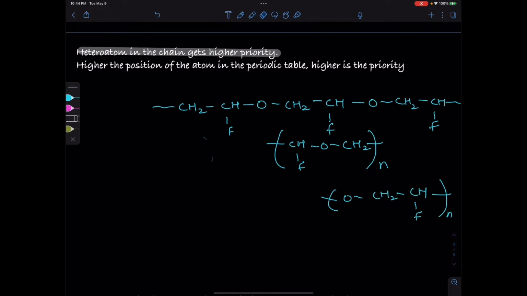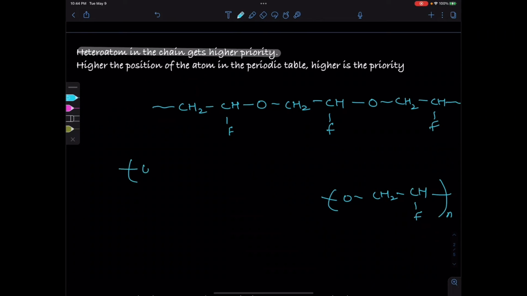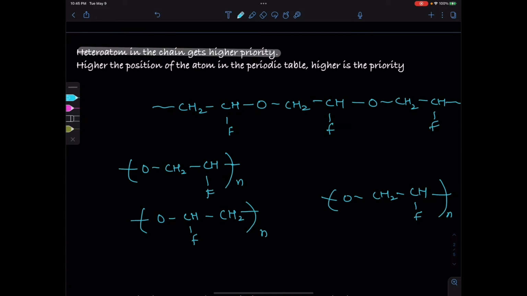So let's erase these. We want to write it as O CH2 CHF. Now, if we look at the chain from right to left, it could also be written as O CHF CH2, again starting with the oxygen atom.